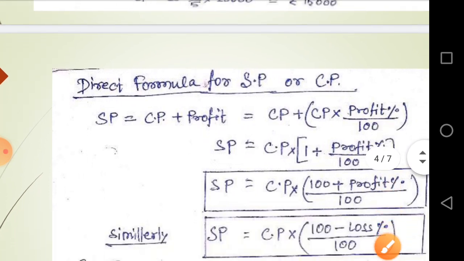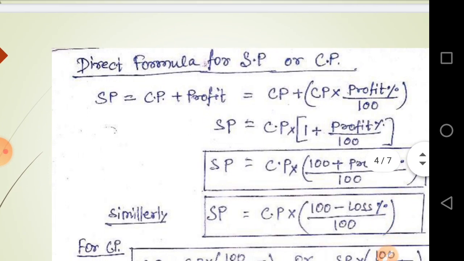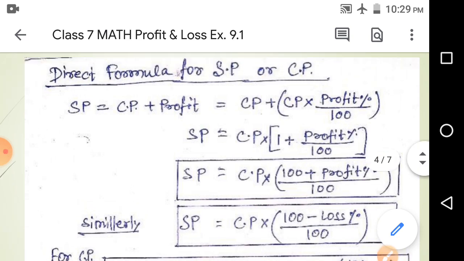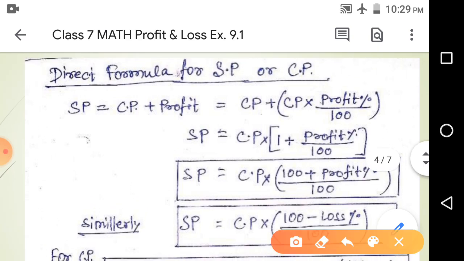Before this we have a direct formula for SP and CP. See how we got those direct formulas. We know that the SP, the selling price, is equal to cost price plus profit. But suppose that the net profit is not given, but the profit percent is given.